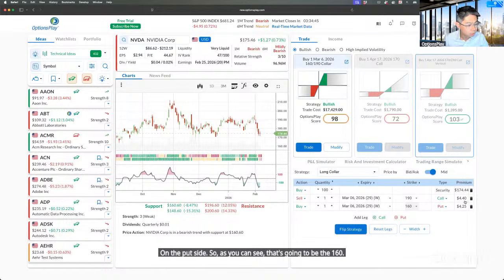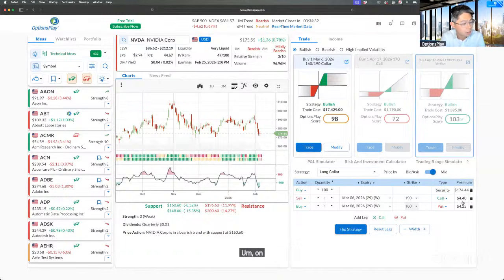And if I do the 160, I'm collecting 440 on the 190s, paying 425 on the 160s. So my net credit on this is essentially 15 cents, which is virtually nothing on a $175 stock. So that's how I'm able to achieve this downside protection for zero cost by selling that upside call and matching the premiums.